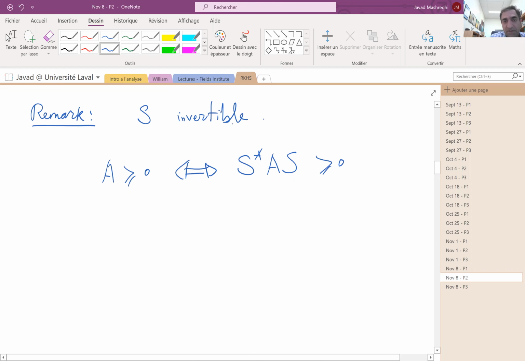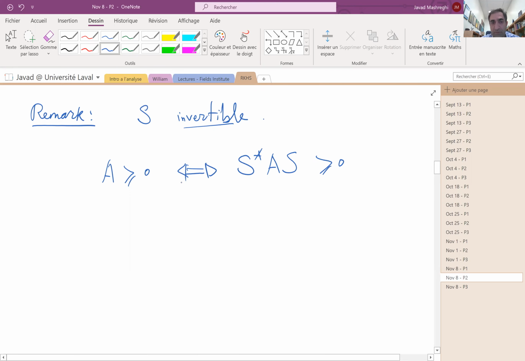Indeed, invertibility is needed here to have both sides. If S is not invertible, just a matrix S, then we have one direction: A positive implies that S star AS is positive. For any S, this is true, but the matrix I use here is invertible, so we have both.